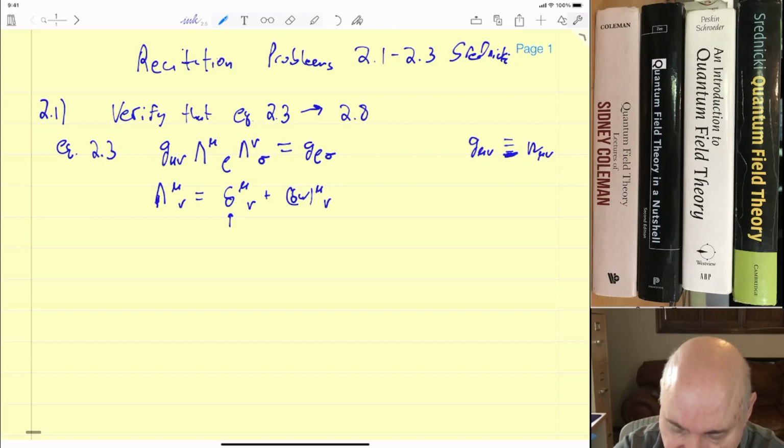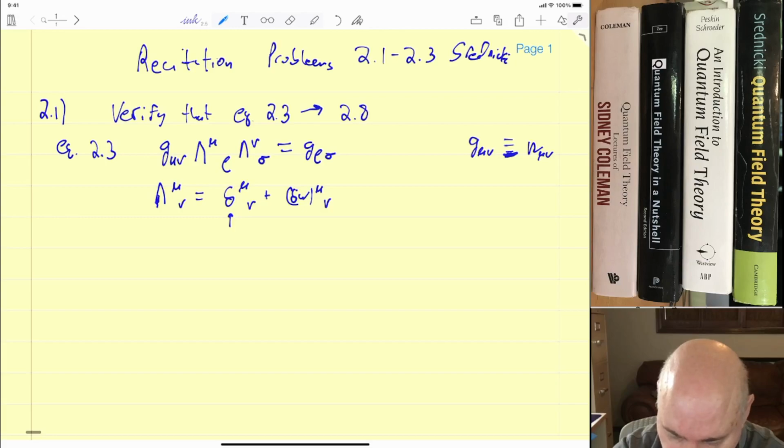Think of it as a parameter matrix. Don't think of it as delta times omega. This is just a single symbol. I'm only going to do it probably once. And then these are the elements of the matrix. And what we want to show is that this matrix is in fact anti-symmetric. But it's only anti-symmetric when the indices are both up or both down.